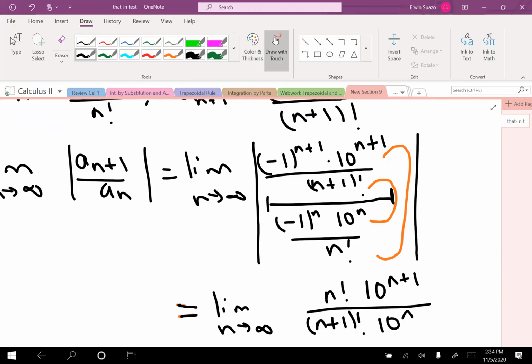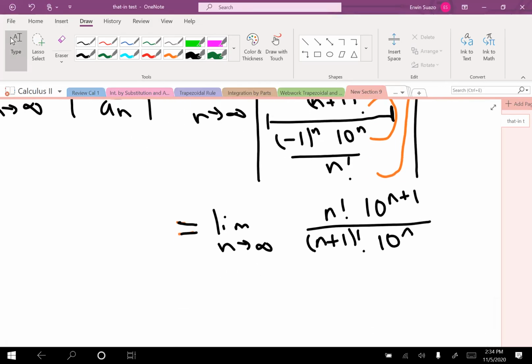Somebody got that? Let me check: n factorial times 10 to the n plus 1, over 10 to the n times n plus 1 factorial. Okay, so now we simplify stuff. Between 10 to the n plus 1 and 10 to the n, you try to simplify these two, what do you get?